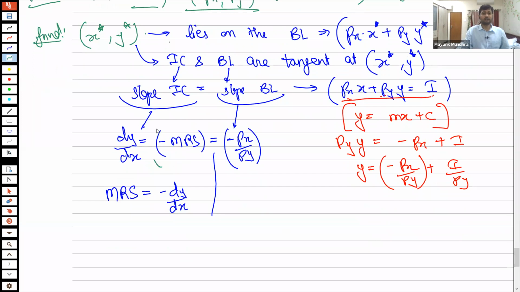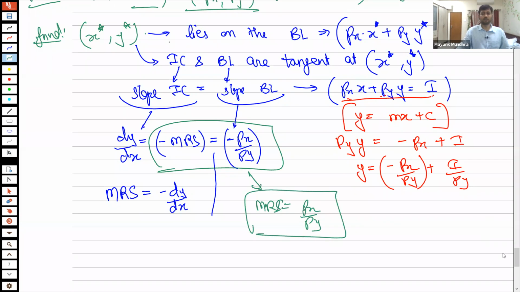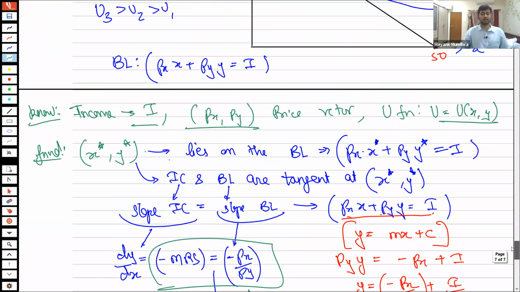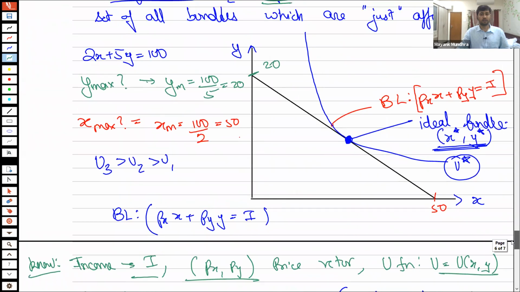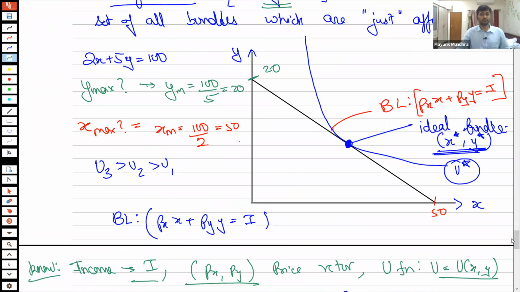Finally, we can write this condition as MRS equals Px by Py. MRS equals the price ratio. That is the last condition that we derive from here. Marginal rate of substitution is equal to Px by Py.